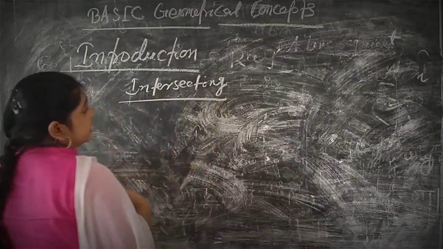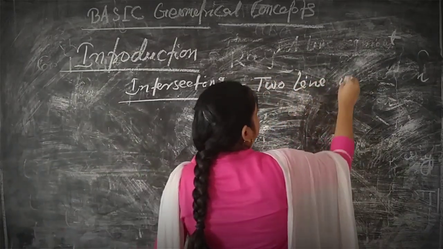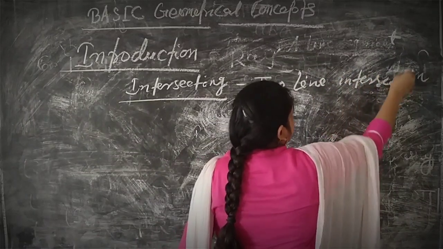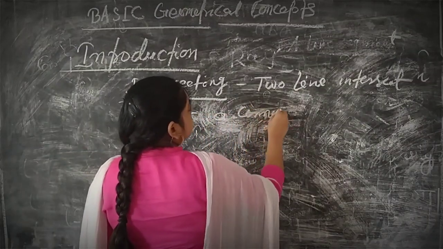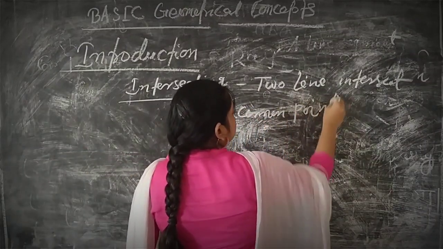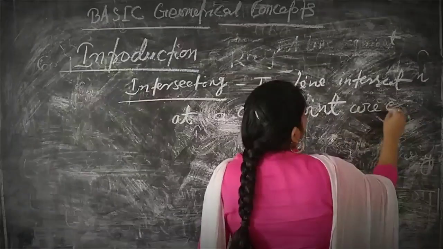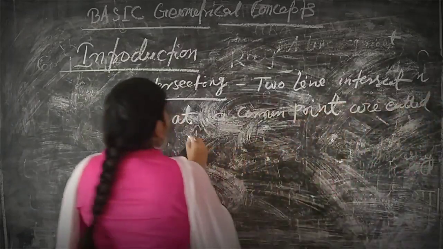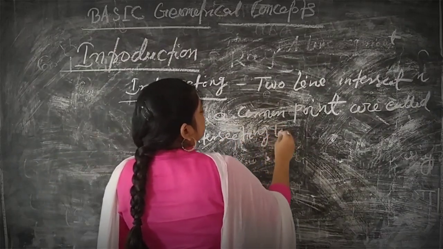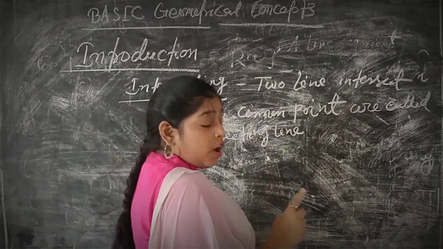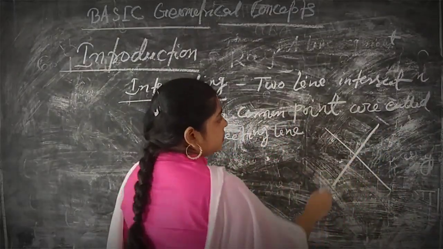Two lines intersect at a common point. Two lines that intersect at a common point are called intersecting lines. For example, you can draw a picture. This is the diagram of intersecting lines.